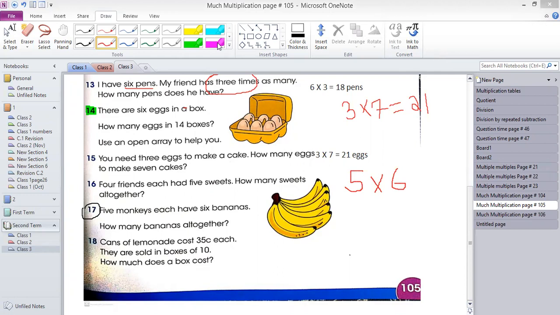There are 5 monkeys and each monkey has 6 bananas.